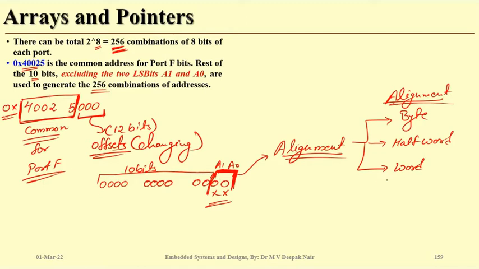When we use word alignment, we always end up with memory addresses 0, 4, 8, and C. Half-word alignment gives 0, 2, 4, 6, 8, A, C, and E. And with byte-wise alignment, you can use any one: 0, 1, 2, and so on. Remember alignment of memory?